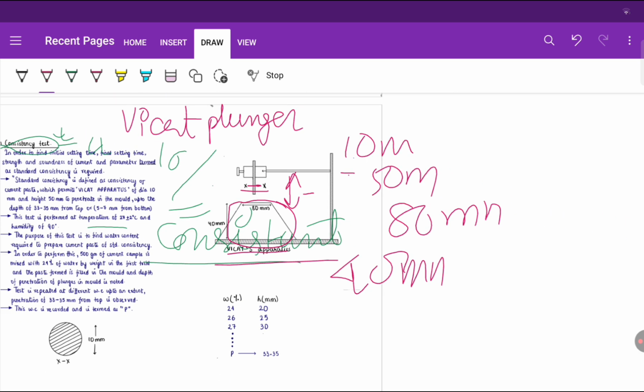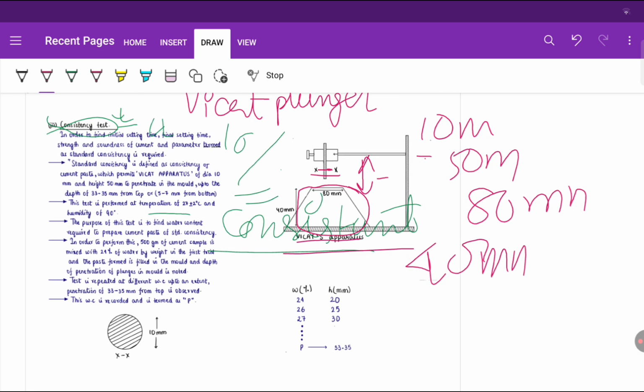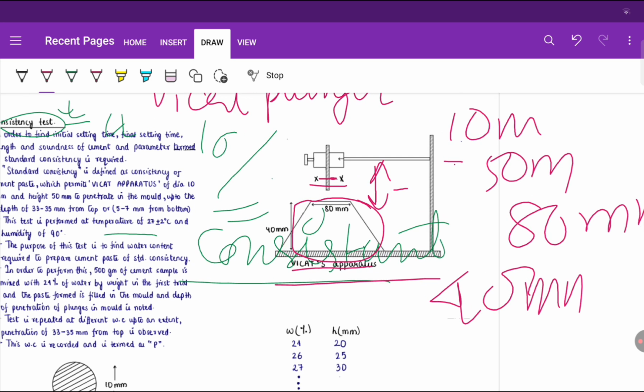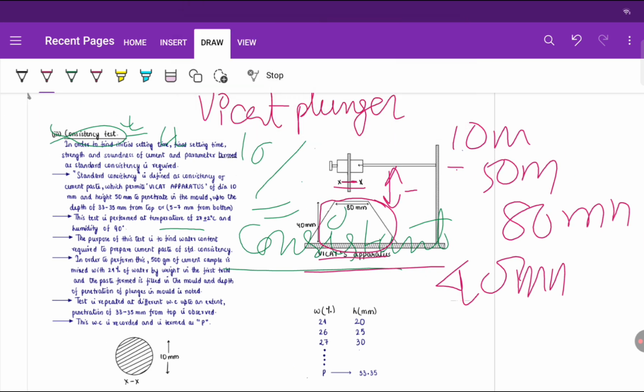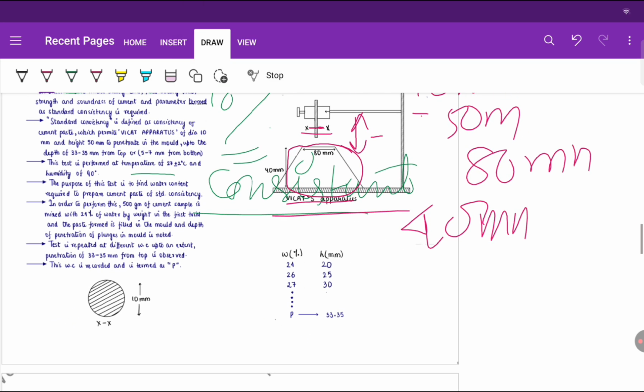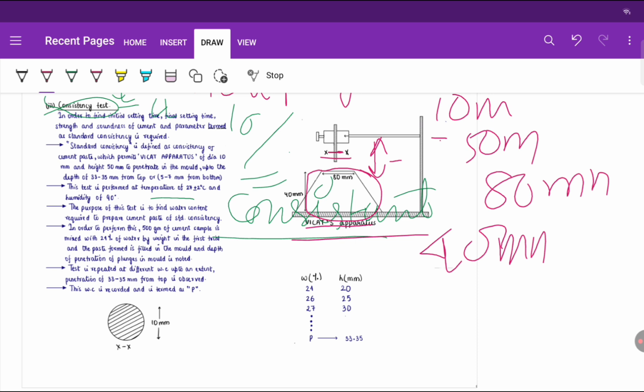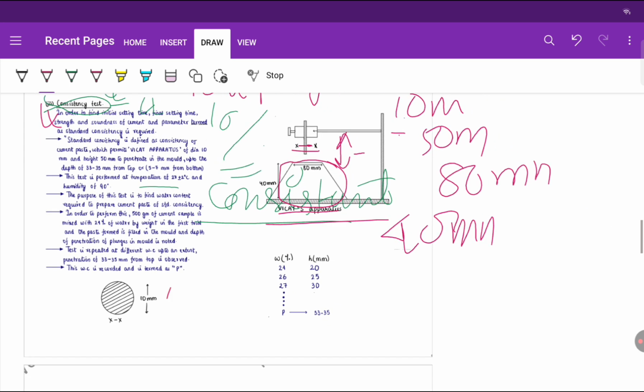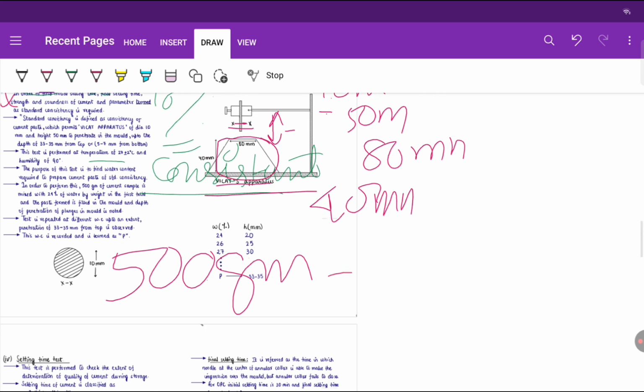Okay, so what do we do first of all? We take a cement sample. How much cement sample should we take? We take 500 gram of cement sample, and then we add around 23% of water.